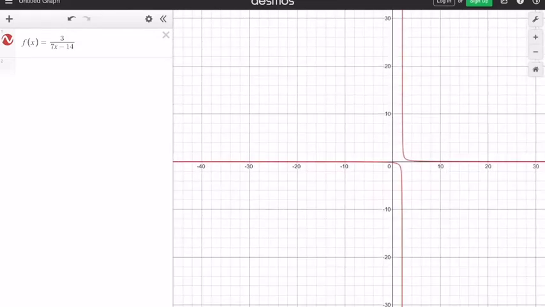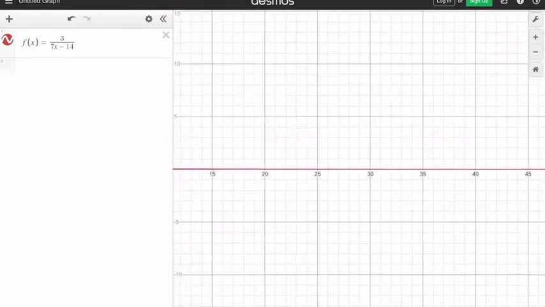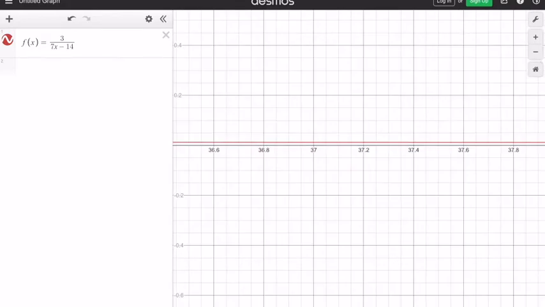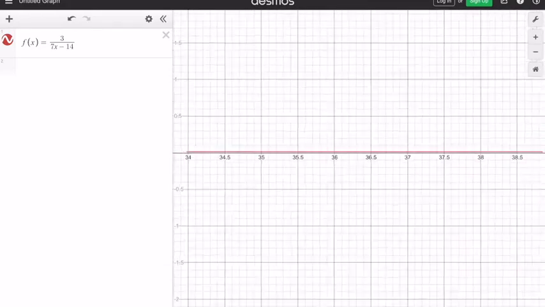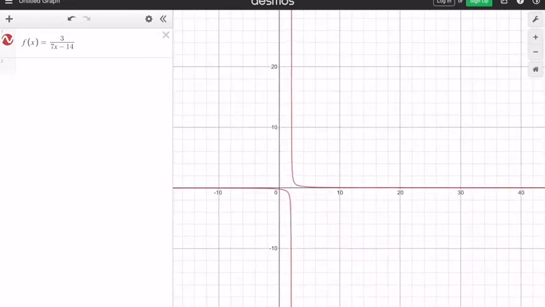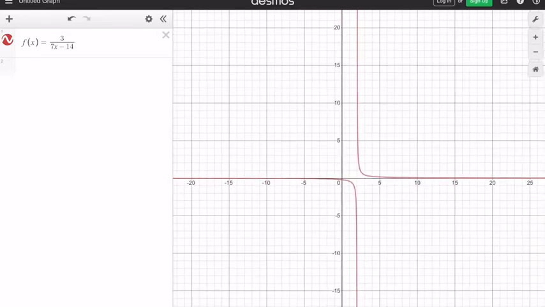My graph gets really, really close to 0, but it never quite touches 0. So what we have there is an asymptote, and that's going to be the focus of this chapter, but there is no x-intercept. We did, however, find that our y-intercept was negative 3/14.